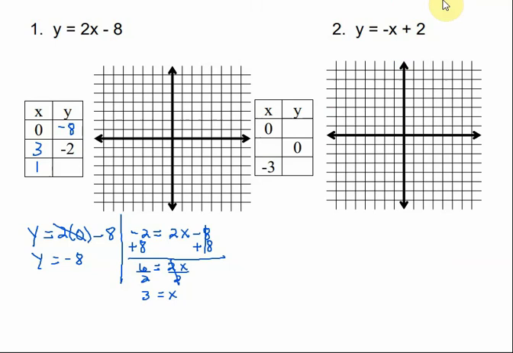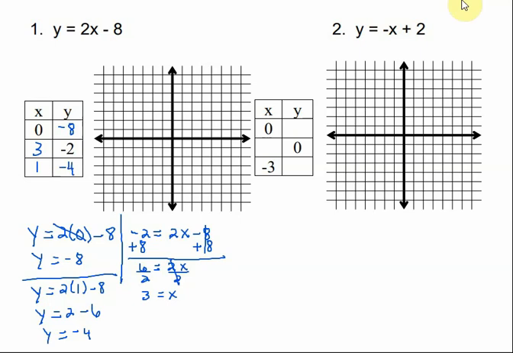Okay, so if I plug in 1 for x, 2 times 1 is 2, and then 2 minus 6 would be a negative 4. All right, so then that would be negative 4.